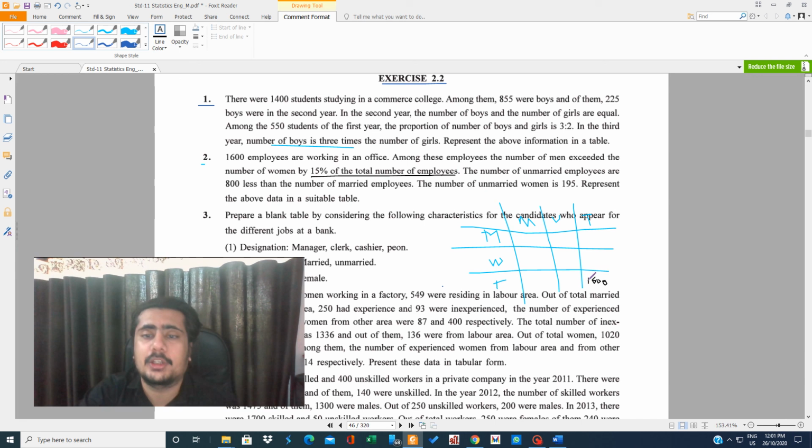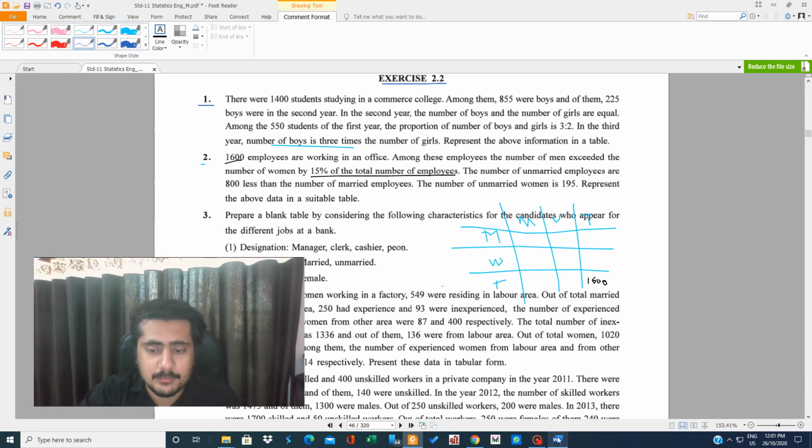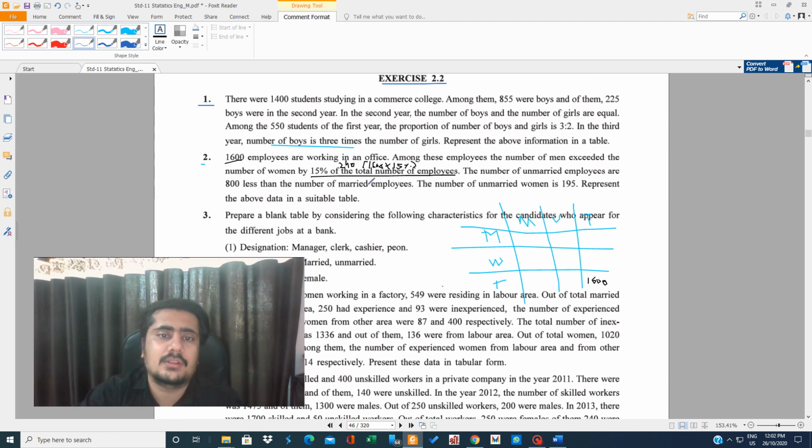The total number of employees is 1600, so 15% of 1600. Sir, how did this 240 come? It is 1600 into 15%, which is 240.